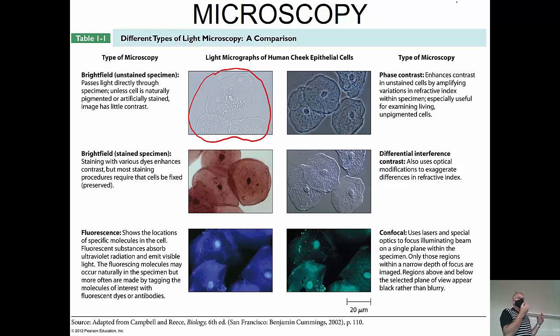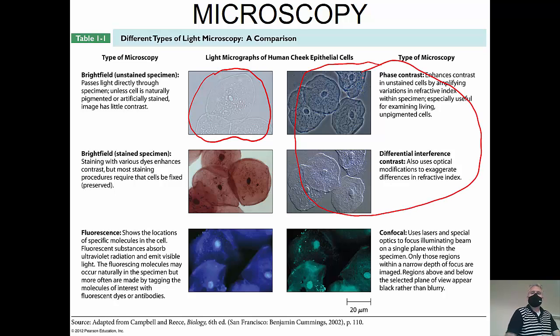So this is a type of microscopy that you're reasonably familiar with. The other two that we see quite often in this course are phase contrast and differential interference contrast microscopy.